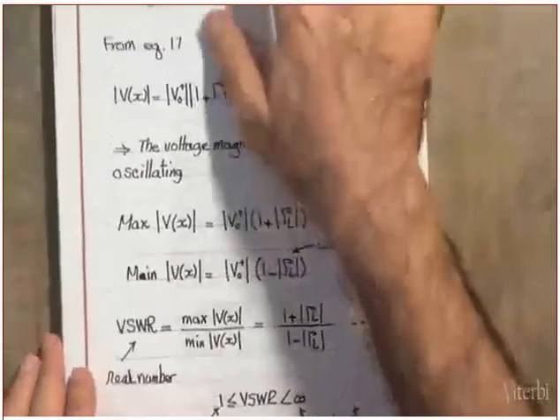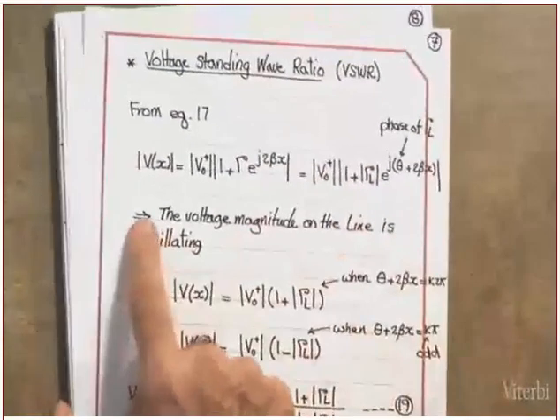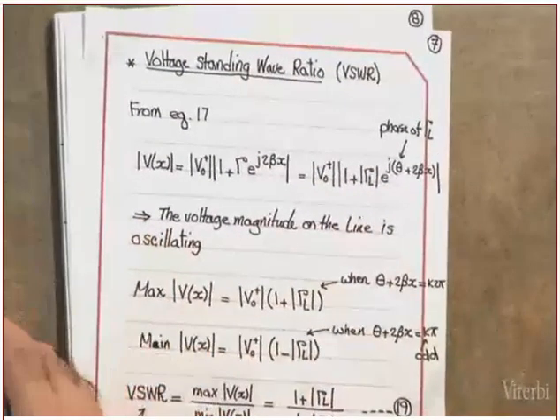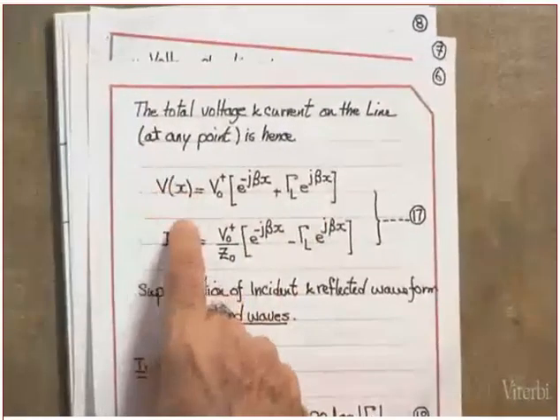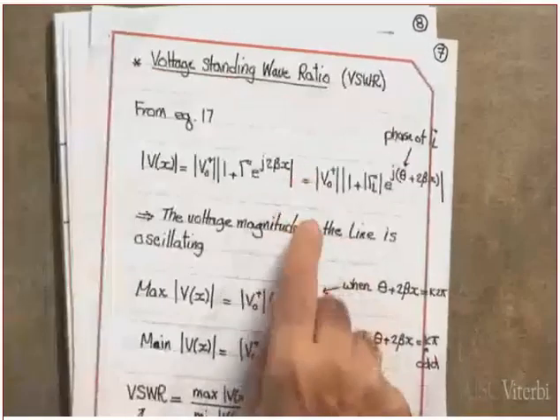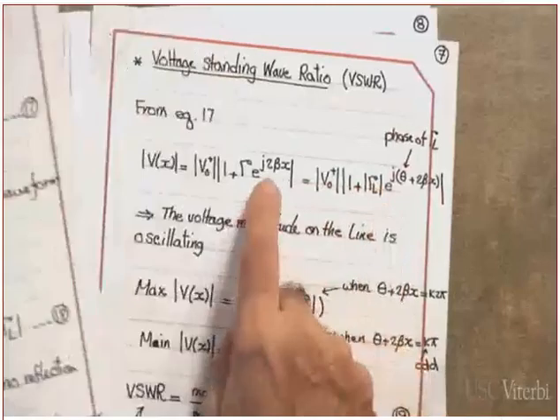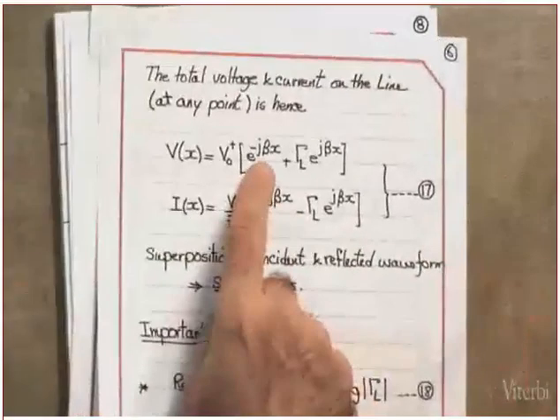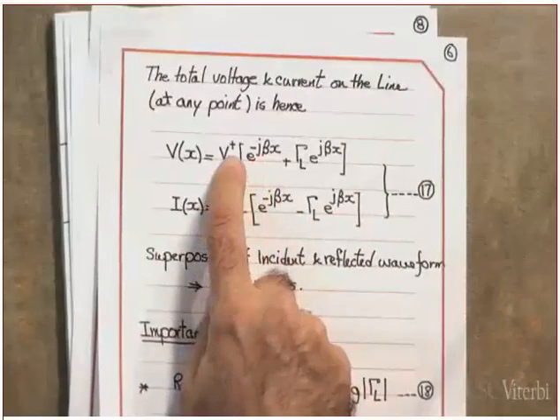Now, keep in mind that the way to find this is to write from equation 17, which is this equation, and you find the absolute value. Now, notice I need to explain to you where the 2 here came from. I factored this one outside.